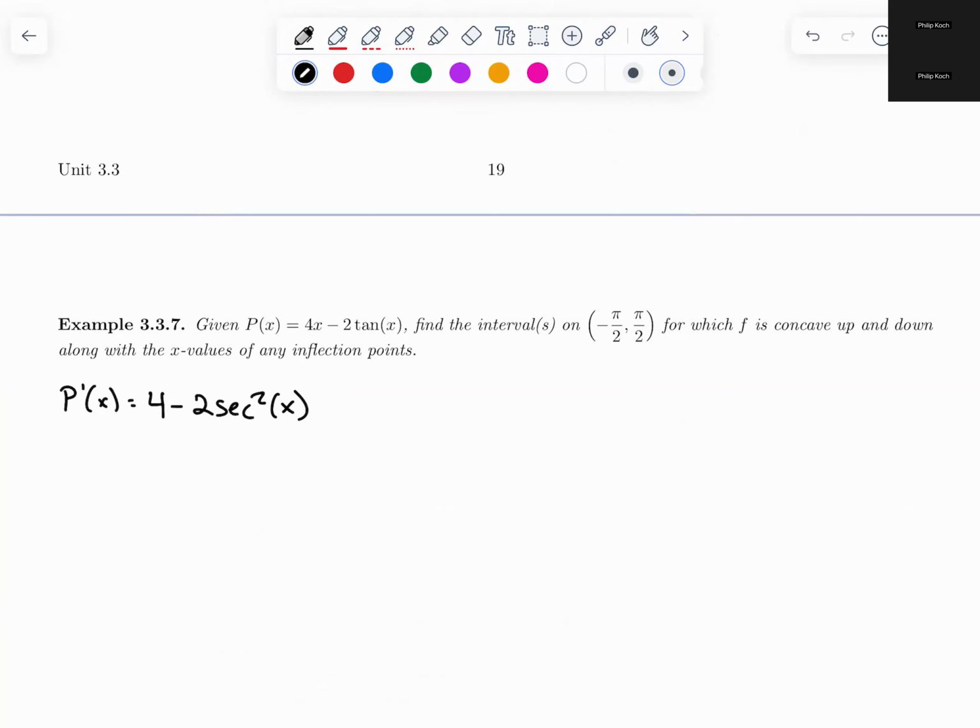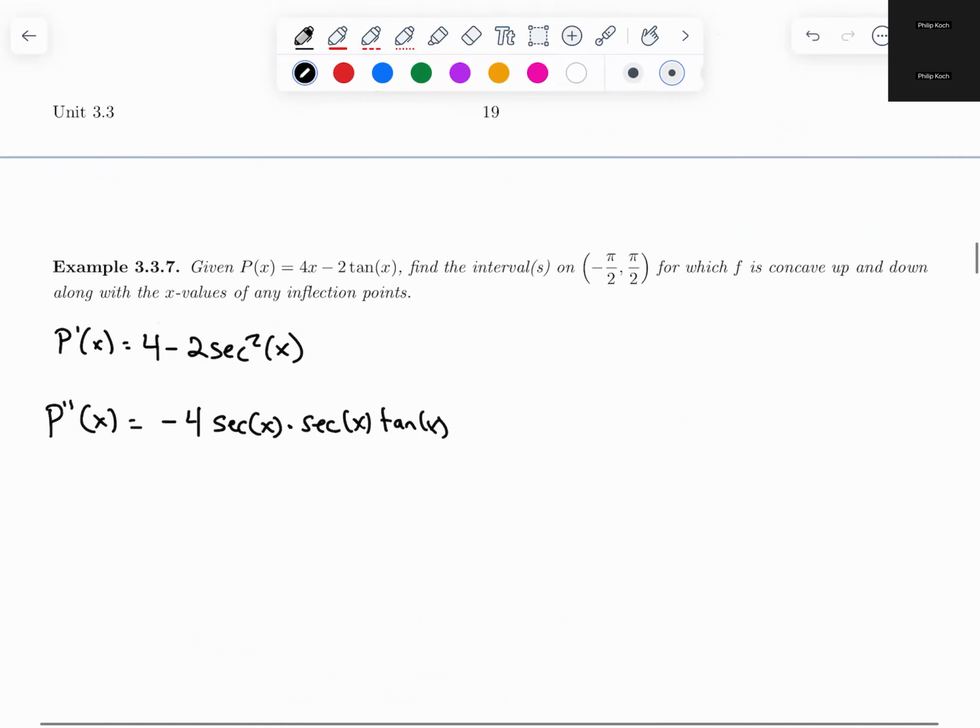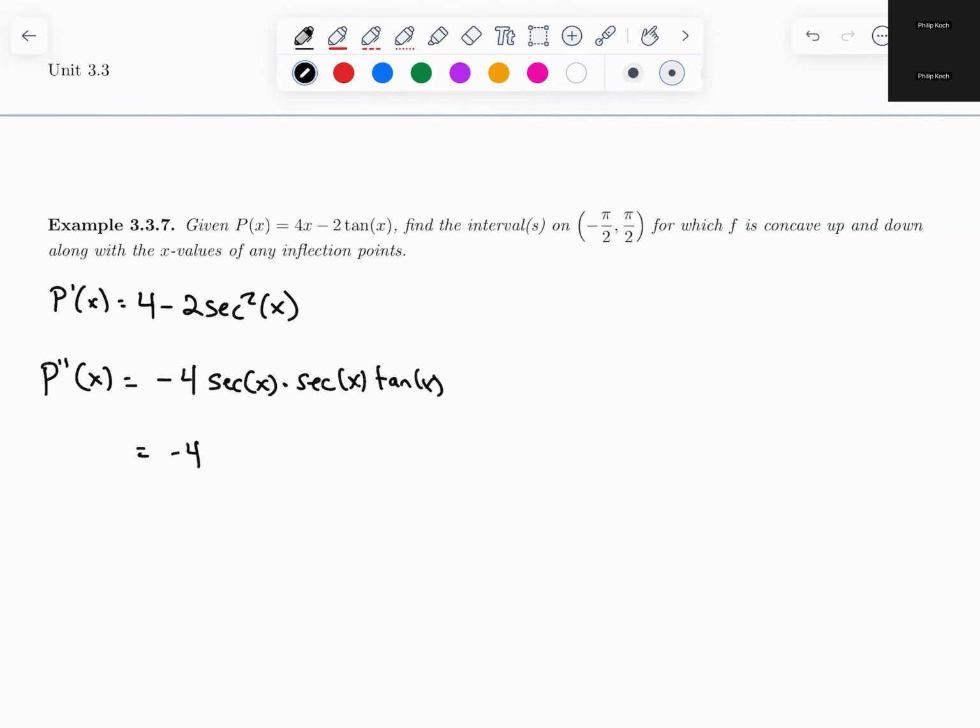And then the second derivative, P double prime of x, would equal negative 4 times secant of x to the first power times secant of x tangent of x. So simplifying that, that's negative 4 secant squared of x tangent of x.